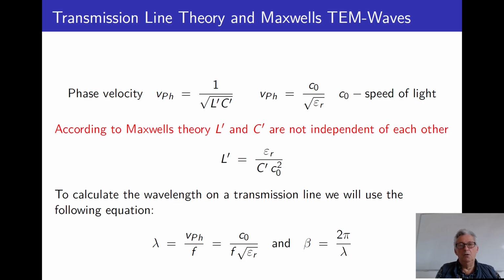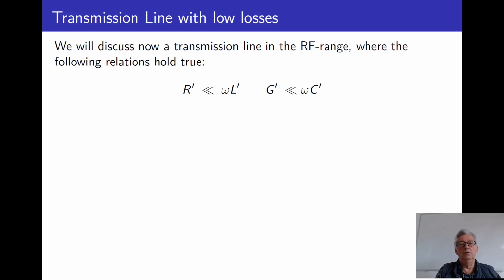So now we come to the point where we will discuss the transmission line with low losses. In the RF range, the following relations normally hold true: R prime is much smaller than omega L prime, and G prime is much smaller than omega C prime.